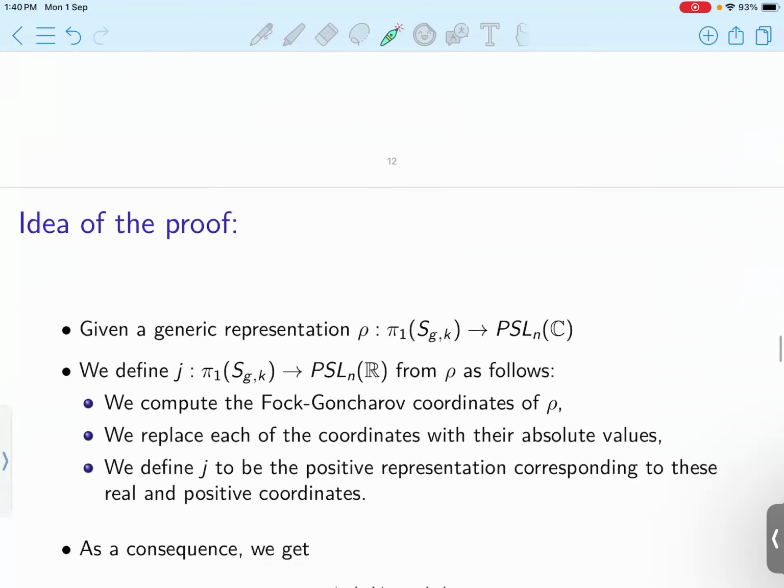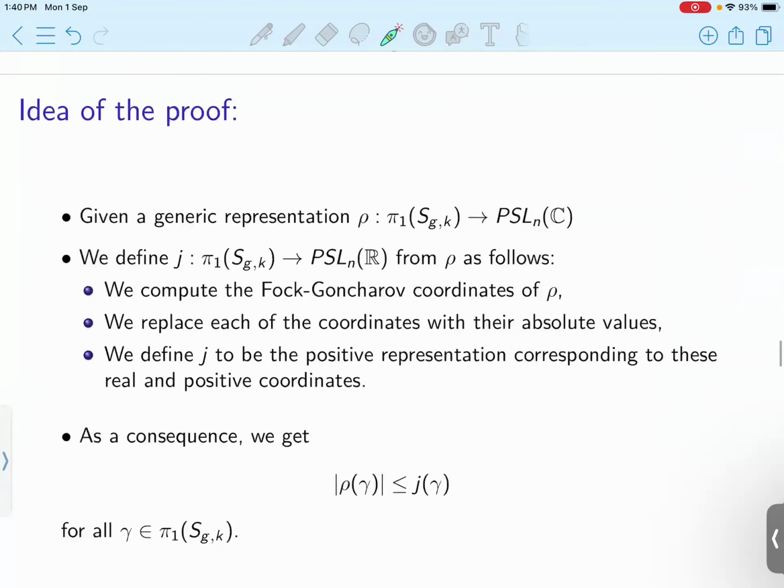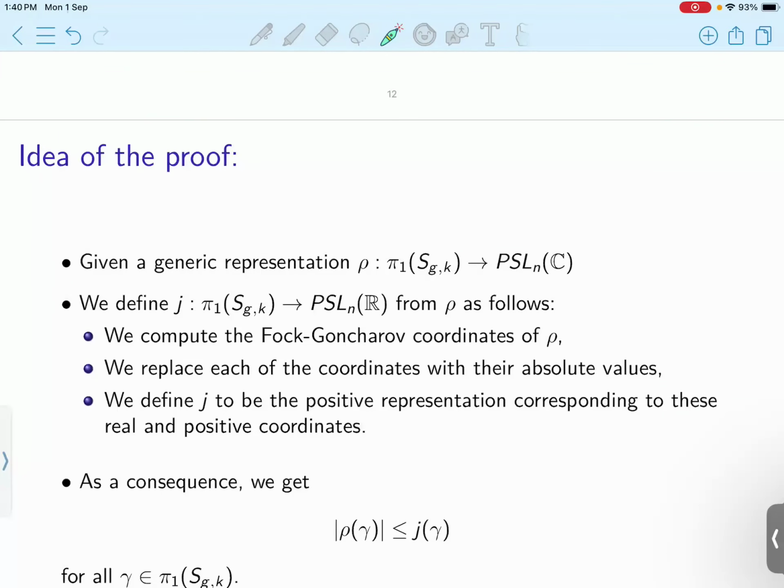Given a generic representation rho from pi1 S_{g,k} to PSL(n,C), how do we define the positive representation? We first compute the Fock-Goncharov coordinates of this rho. Then we replace each of the coordinates with their absolute values. Then we define the positive representation J to be the representation corresponding to these real and positive coordinates.